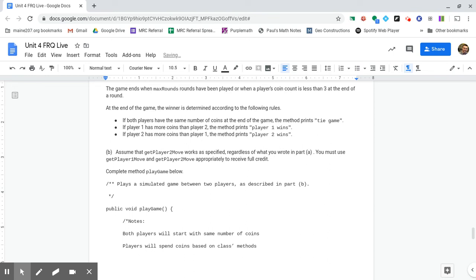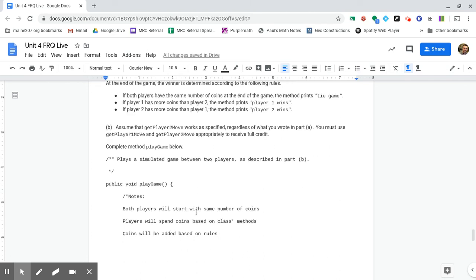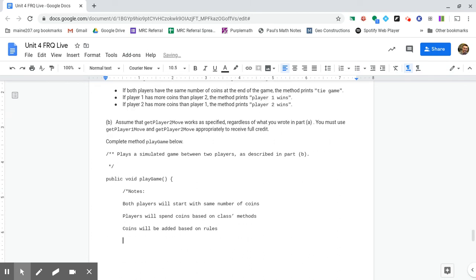We also know what coins will be added based on rules. What else do we know? We know about how many rounds will play. The number of rounds will be max rounds unless a player has less than 3 coins, so that's important.